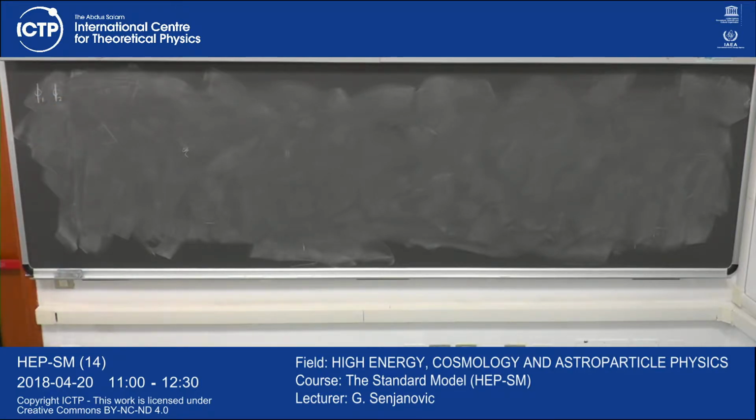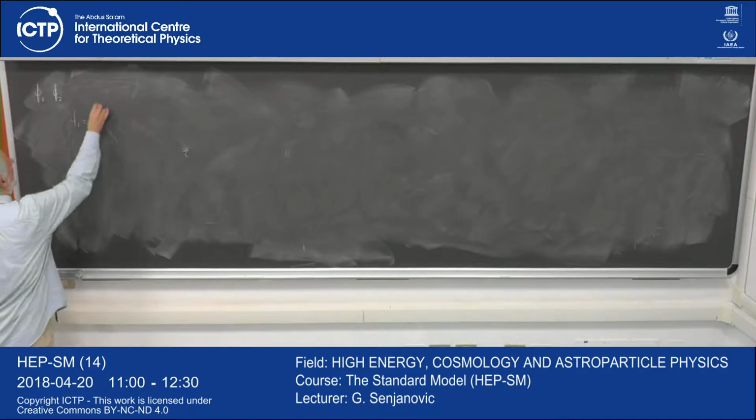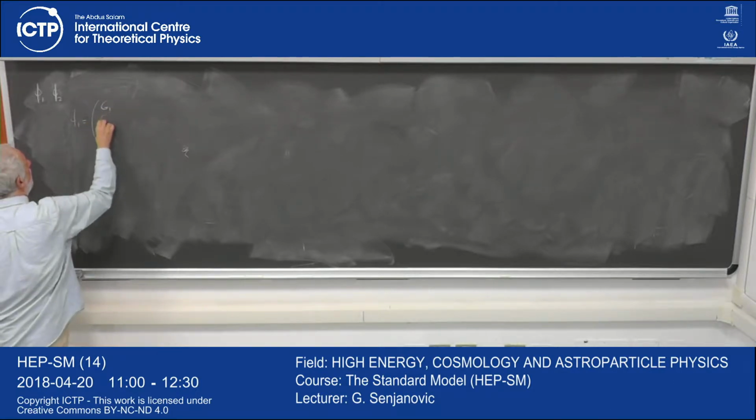So we have these two triplets. Which case did I take first? B, I think. And I wrote phi 1. I said the better notation would have been this one.